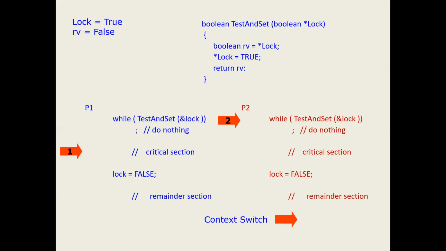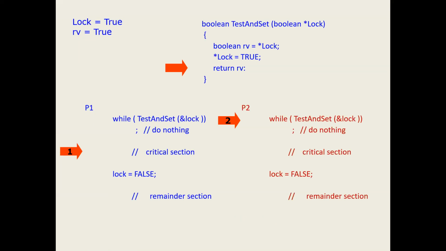Now here when we use the function, at the moment lock is true, RV is false. So lock is true and RV becomes true, and the lock is set to true from this function, and it returns the value of RV. RV is also true. So while test and set is true, it's inside the loop.